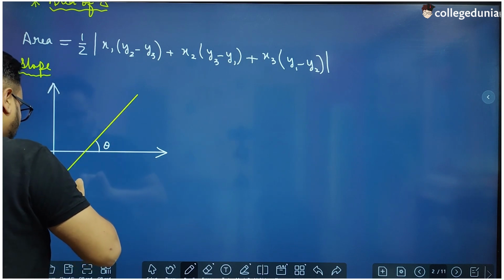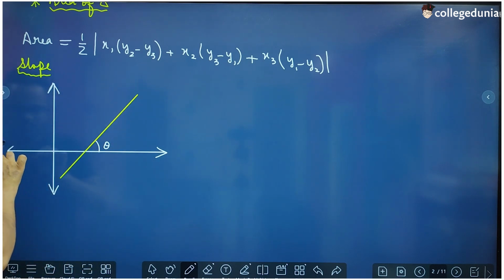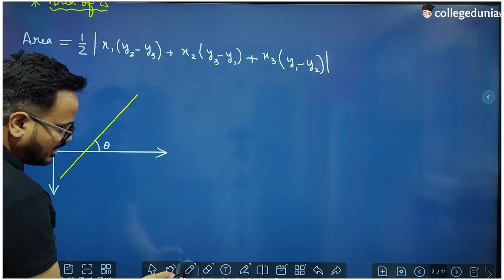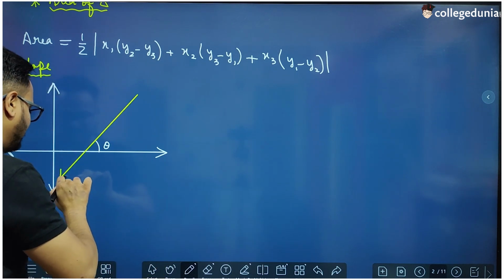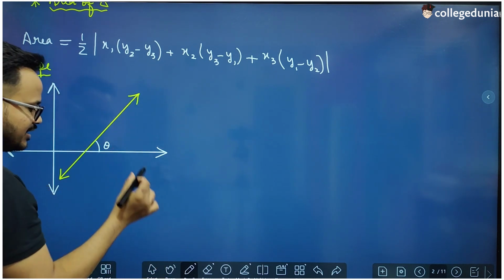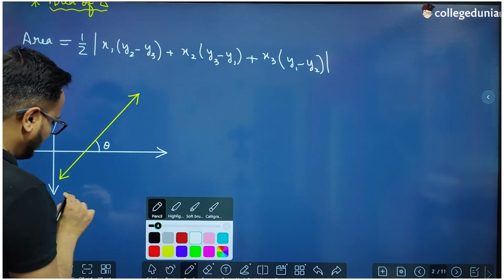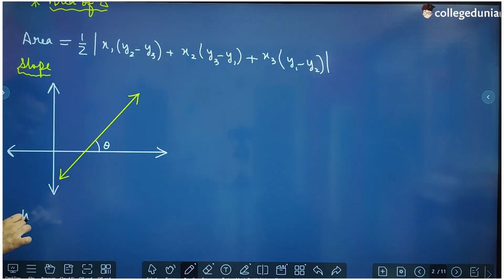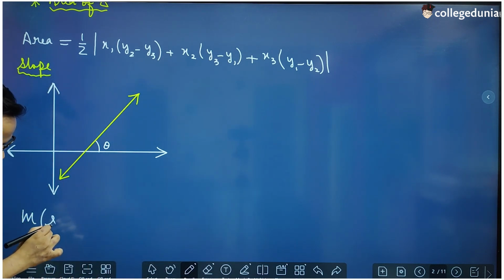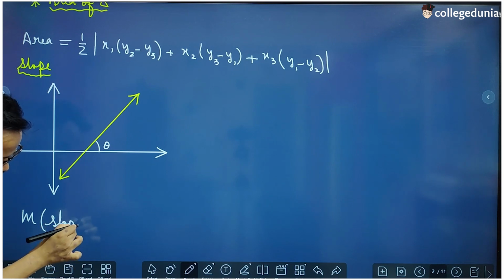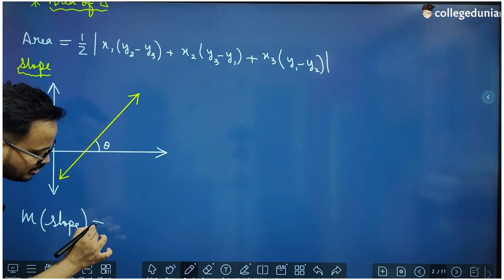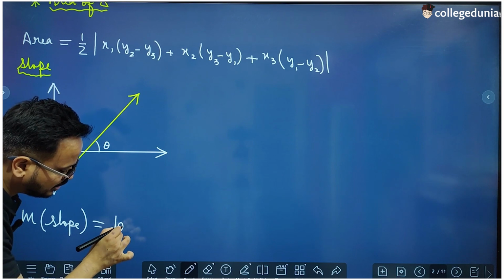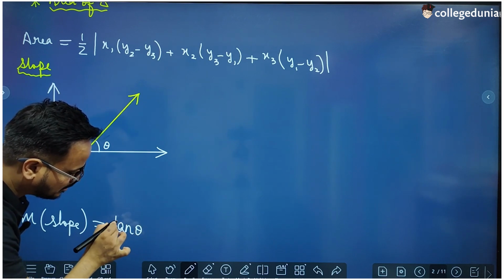How? Symbol of the slope is m, so we will say that the slope of this line, m, is tan theta. Slope of this line represented by m, right? Slope is tan theta.